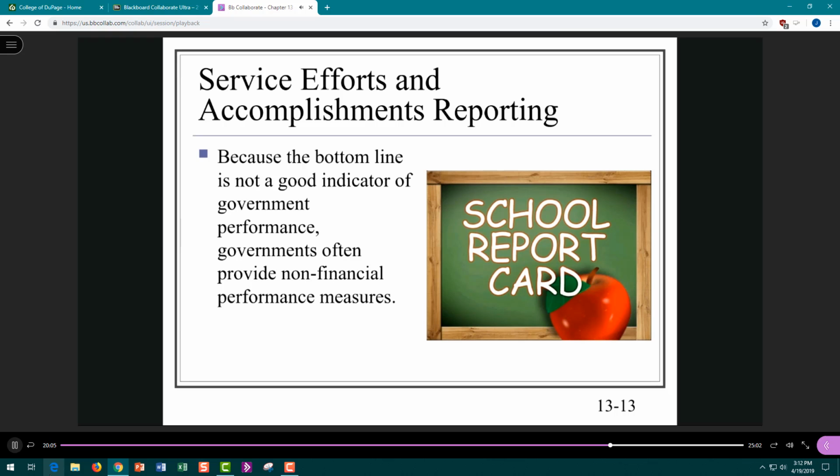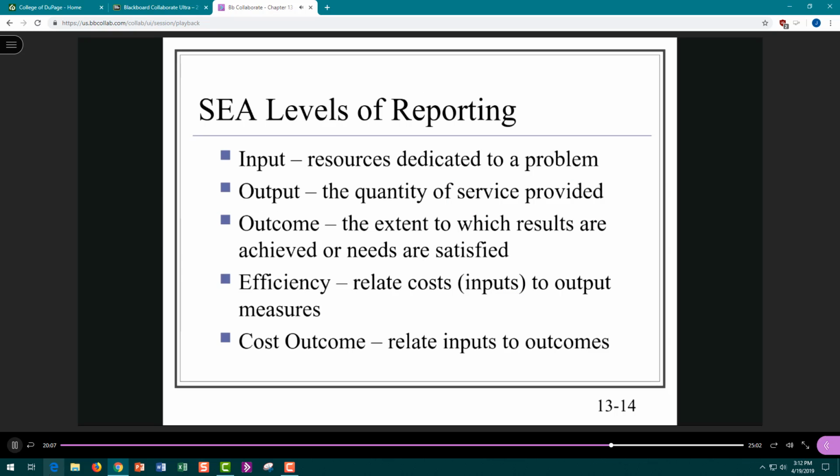Now, these are the basic types of SEA reporting. You might argue that some of these are better than others. Indeed, some are better than others. Some are more insightful than others. The most basic type of SEA reporting is an input measure. That is the resources that are dedicated to a problem.